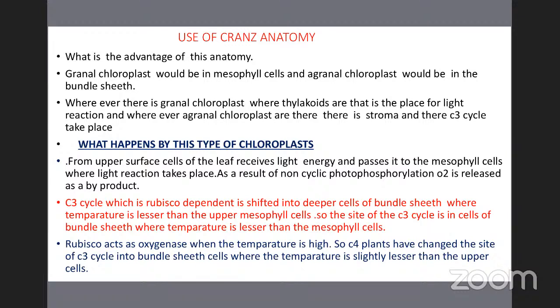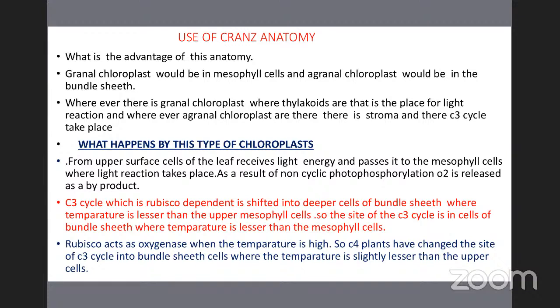Then next, what about the agranule type? Why did C4 plants adapt dimorphic chloroplast? Because of these reasons. First of all, to perform the light reaction in which, through non-cyclic photophosphorylation, oxygen is released into the atmosphere. That is one reason for having a grana type of chloroplast.